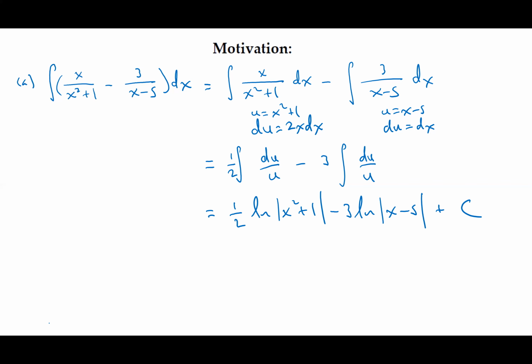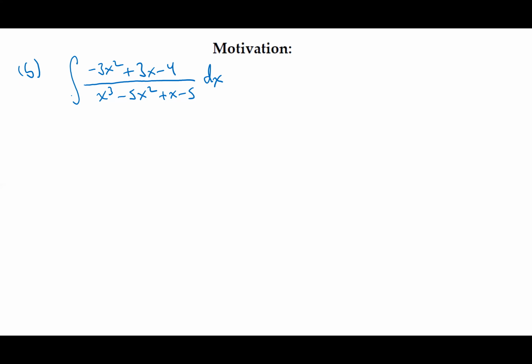Well, let's say we had this example now. If we had this situation, negative 3x squared plus 3x minus 4 all over x cubed minus 5x squared plus x minus 5 dx. Now, when you look at this, it's not so simple.